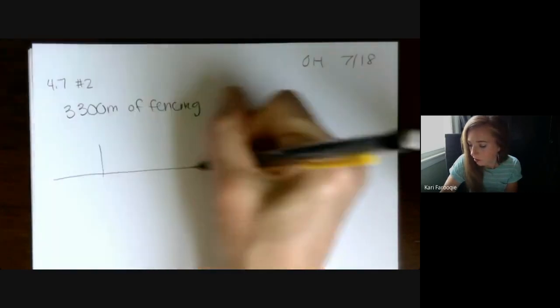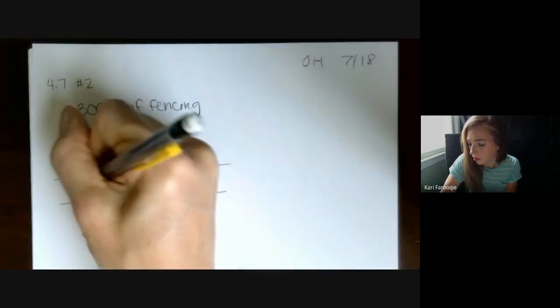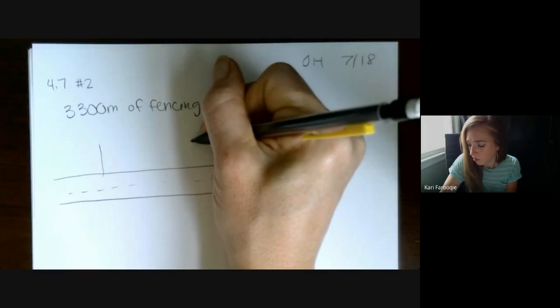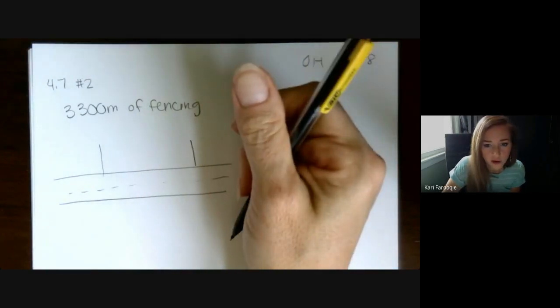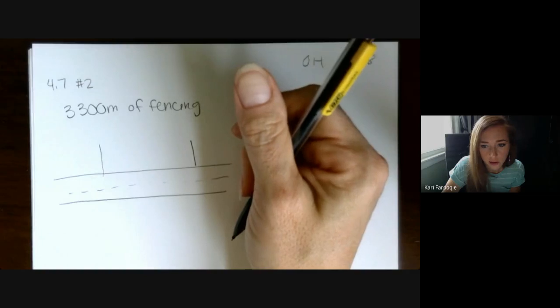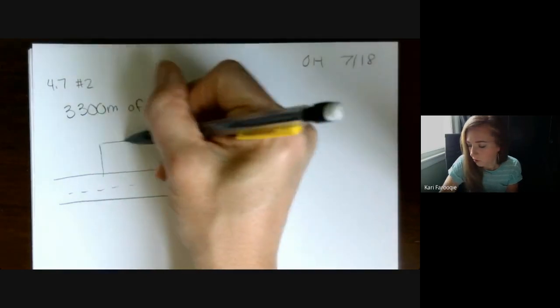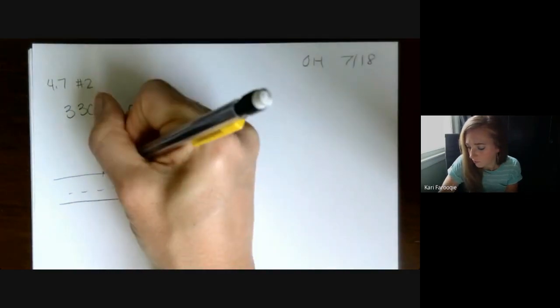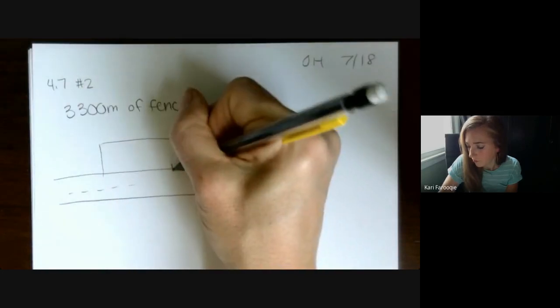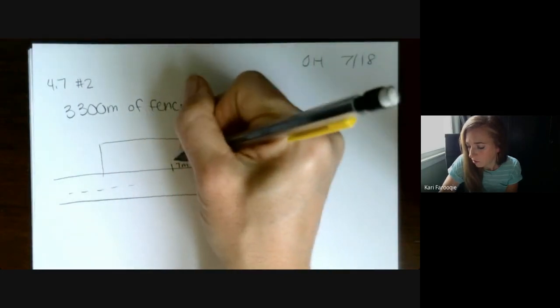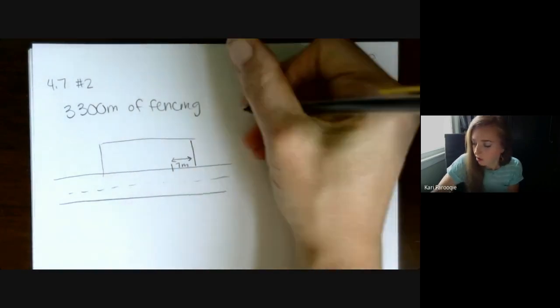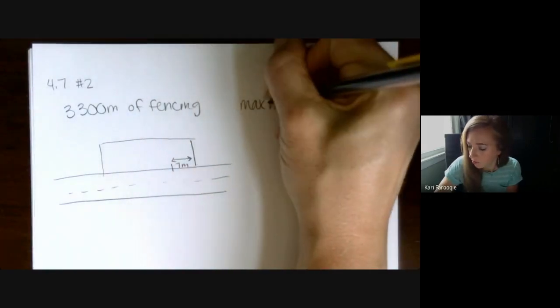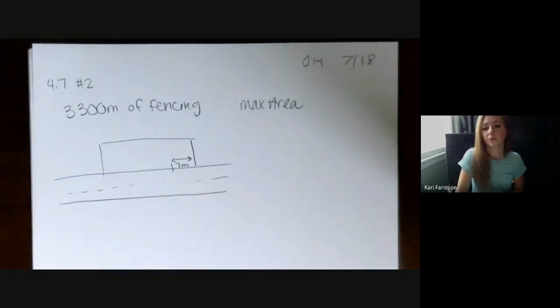Okay, so here's the highway. I don't know exactly what the rectangle looks like. If she decides to fence along the highway, except for 7 meters to allow for access, so let's take off that 7 meters. What is the largest area that can be enclosed? Okay.